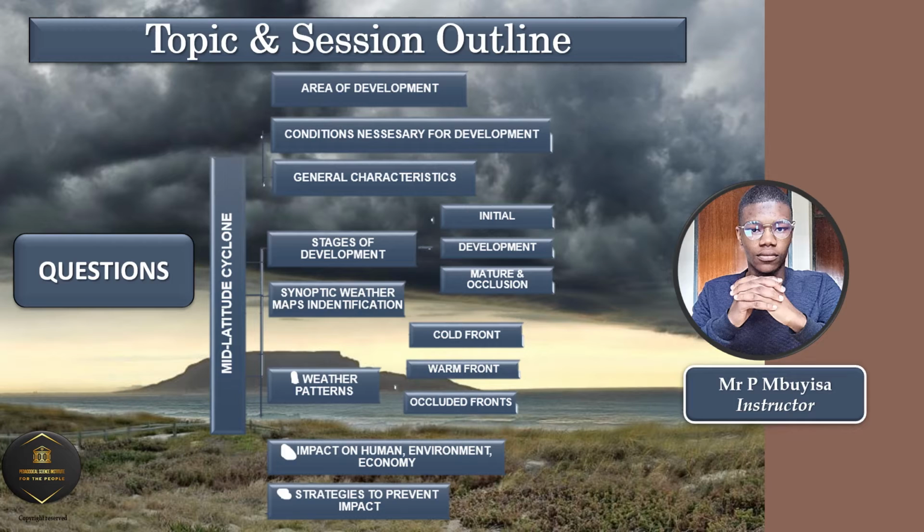Remember, you need to be able to identify this on diagrams, synoptic weather maps, satellite images, and so on and so forth. You also need to respond to some questions that may want you to make reference to the associated weather patterns with a cold front, a warm front, and an occluded front.